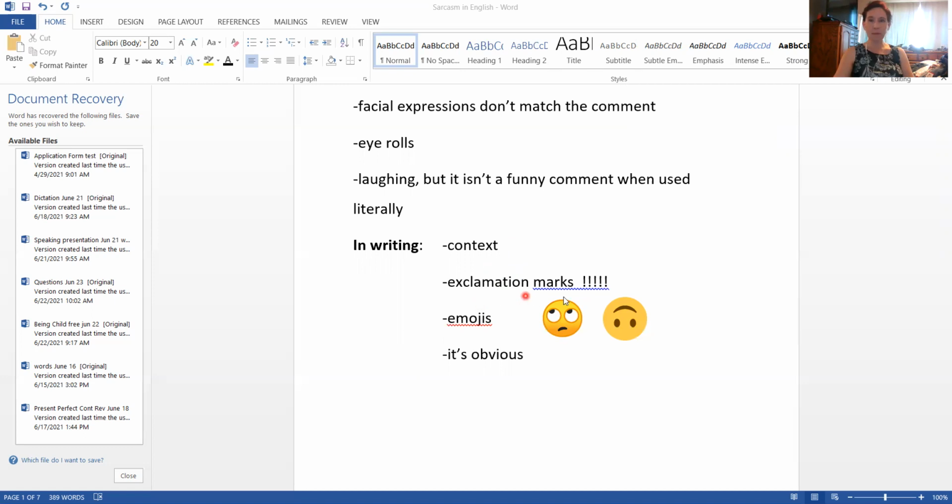Sometimes exclamation marks tell us, this is probably sarcasm, not literal. Emojis, so the eye roll is very common, and many people use an upside down smile to show that they are joking or saying something sarcastically. Or it might just be obvious.